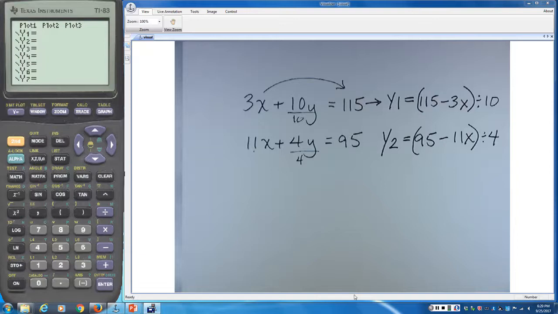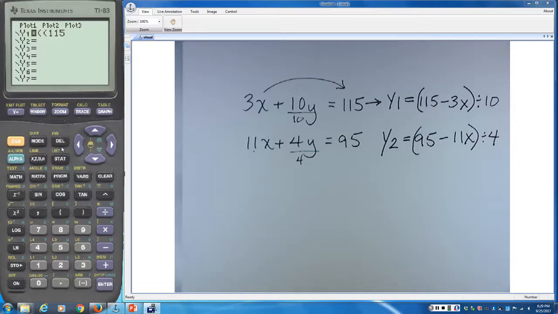So I'm going to enter 115, whoops, forgot my parentheses. Let's try again. This calculator is so touchy.